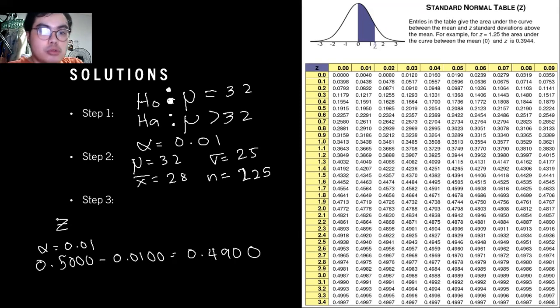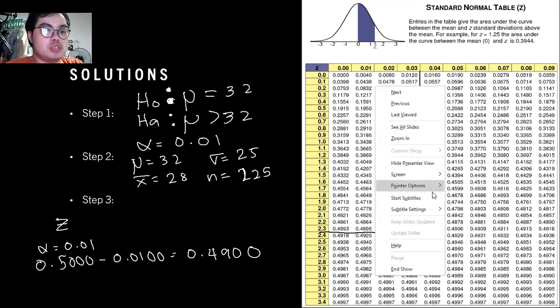So now we're going to look for 0.4900 in the table. Since we need to find the closest area of the curve, we need to find the z value that corresponds to the closest value to the computed area.